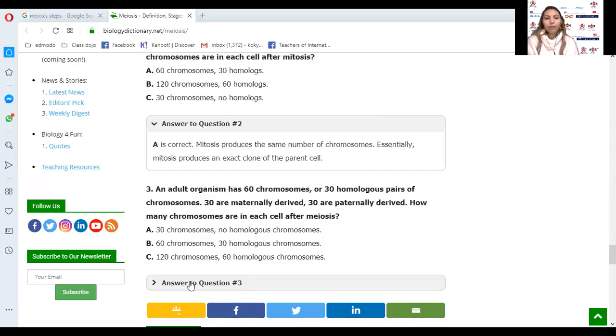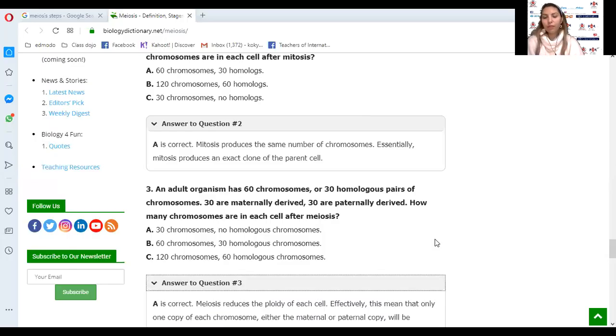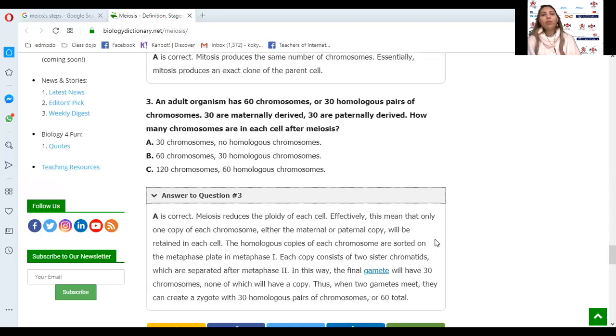Okay. A is correct. 30. Why? Because meiosis reduces the ploidy of each cell, reduces the number of chromosomes. Effectively, this means that only one copy of each chromosome, either the maternal or paternal copy, will be returned in each cell.